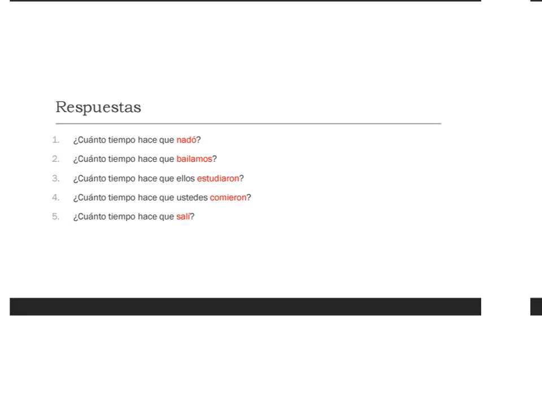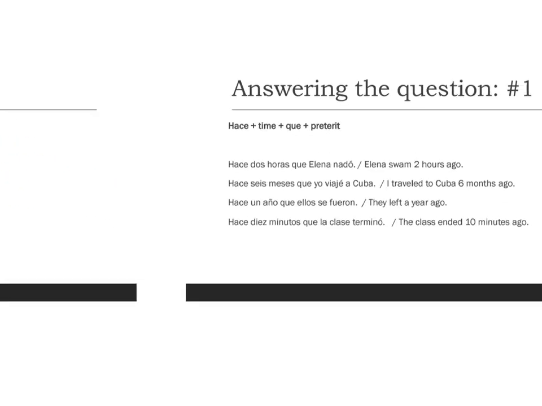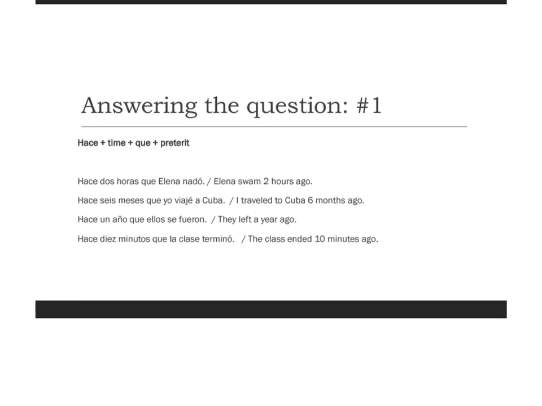Now to answer the question, this is going to be the way that I suggest you answer the question. There are two different ways, and we'll look at those ways briefly. You can do hace plus the amount of time that it's been since you did the action, plus que, plus the verb in the preterite. So, hace 2 horas que Elena nadó.